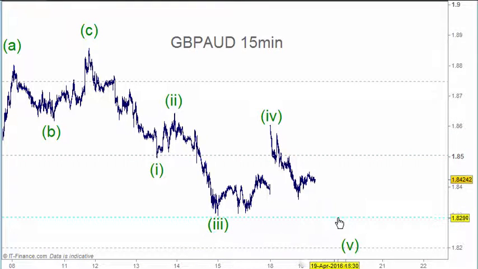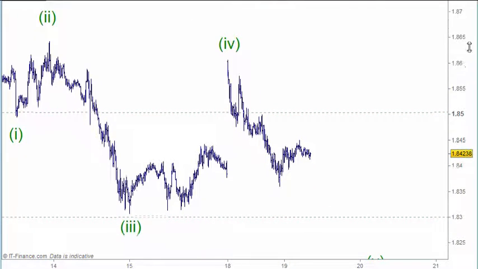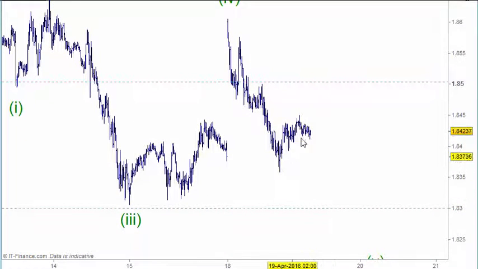We'd still expect it to at least come down to the 183 area here. So not really worth trading at this stage on this one, but certainly any break lower would be something that you would be looking to be on the short side of.